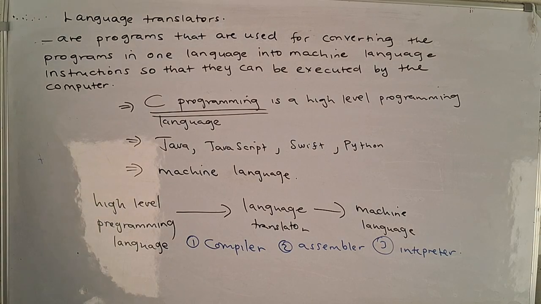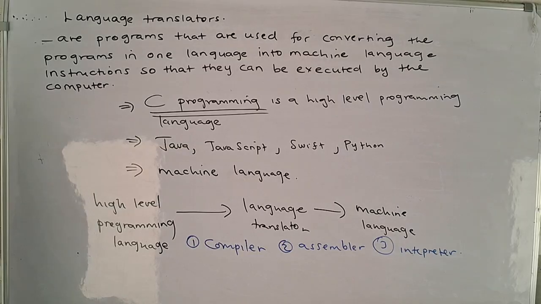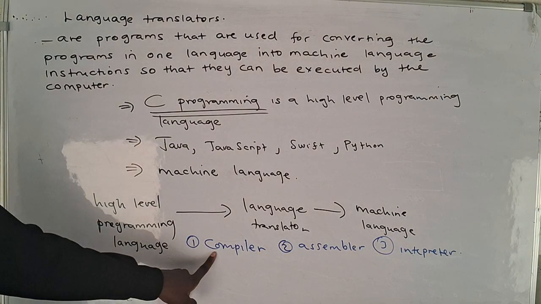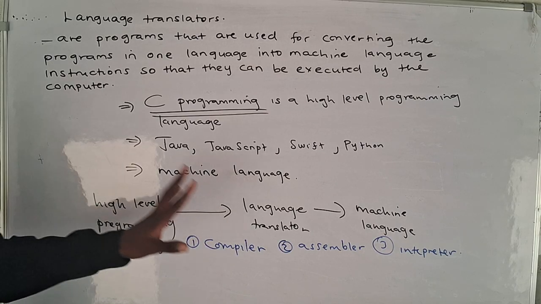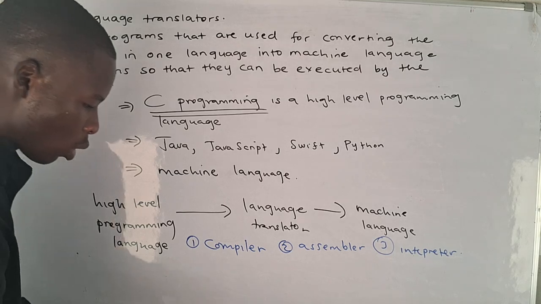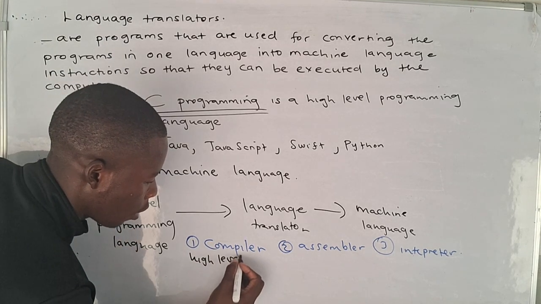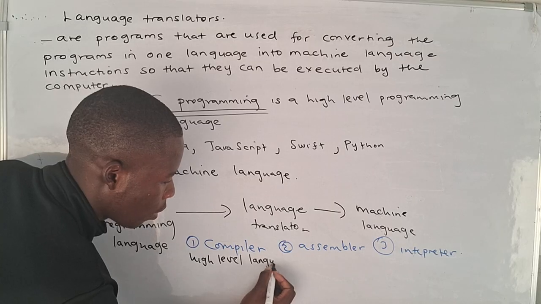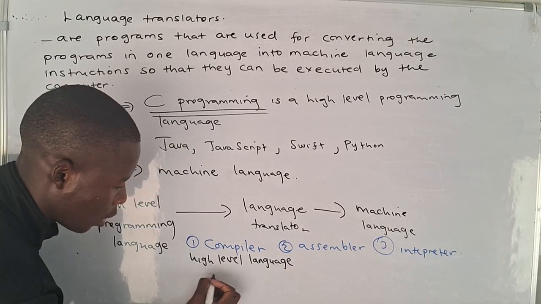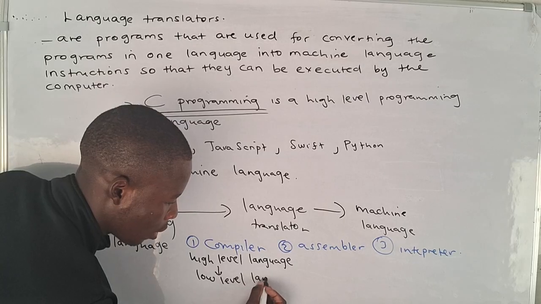So now we want to see the difference between a compiler, an assembler, and an interpreter. The compiler is used to convert high-level language programs into machine language, that is, from a high-level language to a low-level language.